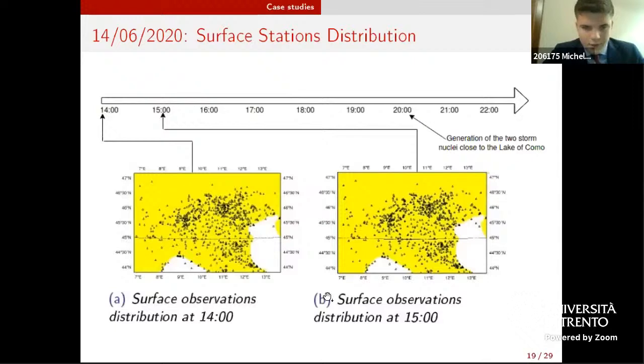So moving back to the first event, all the surface observations available at 14 and 15 o'clock are assimilated, and both 3D VAR and 4D VAR techniques can be applied.